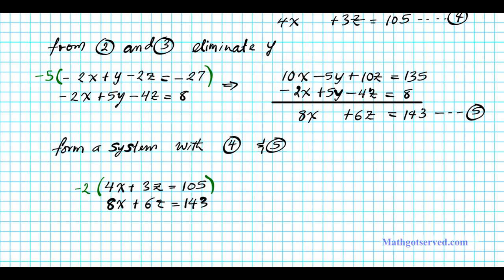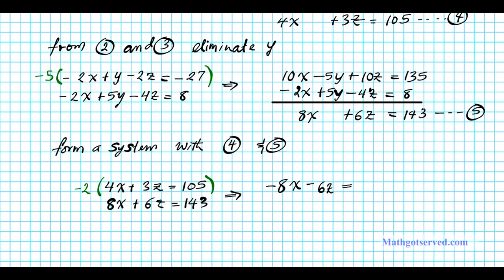So let's distribute -2 to equation number 4. If we do that, we're going to have -8x minus 6z equals -105. No, that's not right. We have to multiply 105 by 2 also, by -2 to be specific.